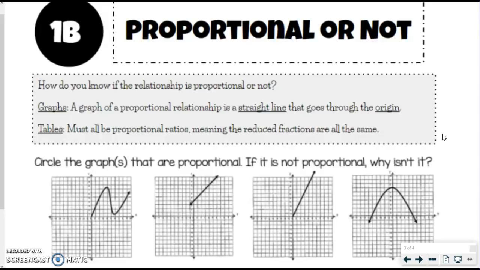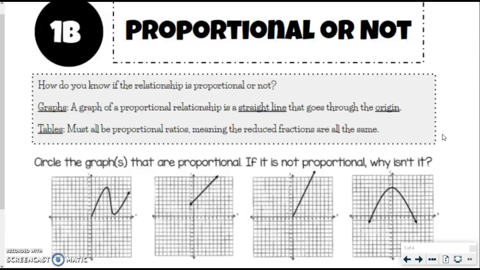We're going to do some graphs in a second, but I wanted to talk about tables as well. Tables follow a similar idea, but you can't see it the way the graph shows it. You're not going to have a straight line or origin, although if you do see 0, 0 and you see the proportion happening each time, that is a good sign it's probably proportional. The table will show proportional ratios.